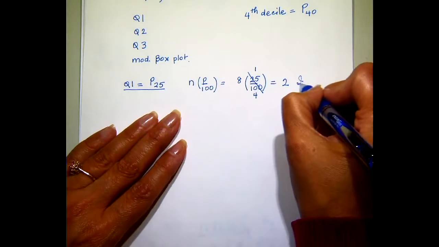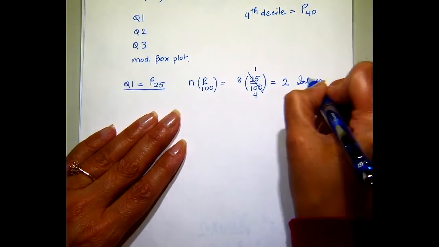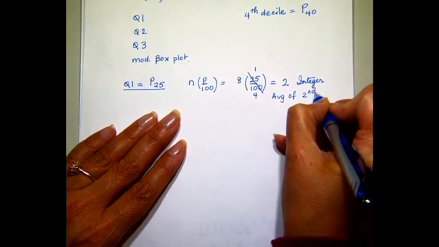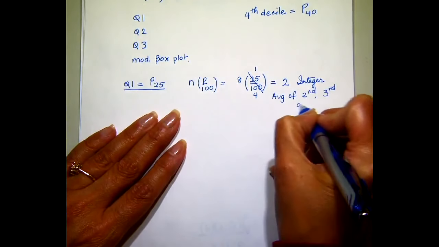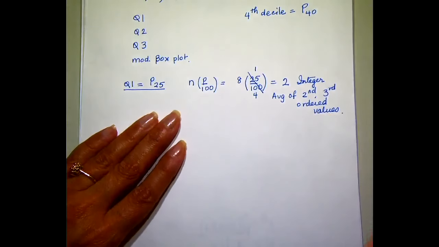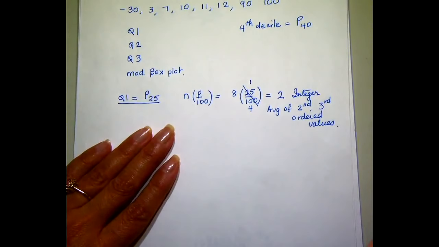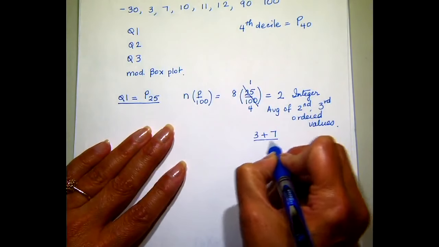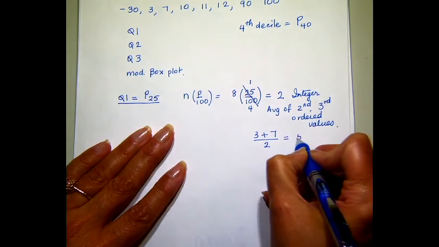2 is an integer. So take the average of the second and third ordered values. That's the rule, right? When you arrive at an integer. So I'm going to take the average of 3 and 7. 3 plus 7 divided by 2 is 5.